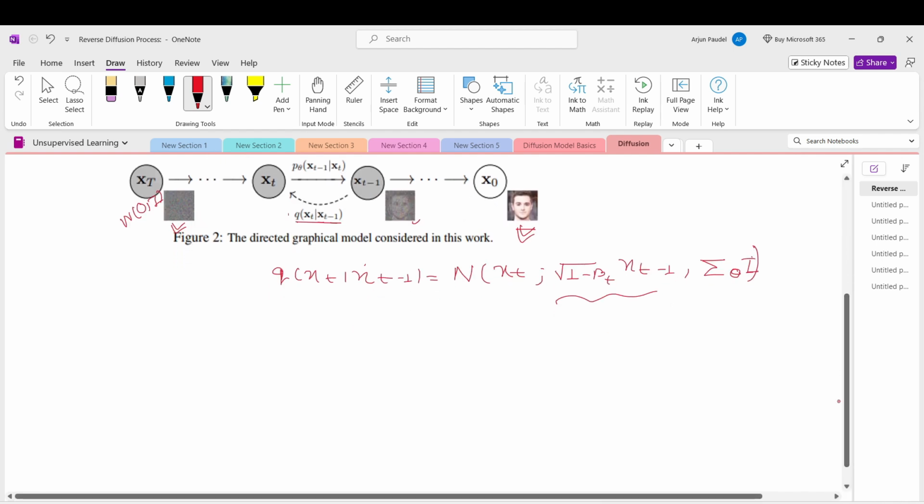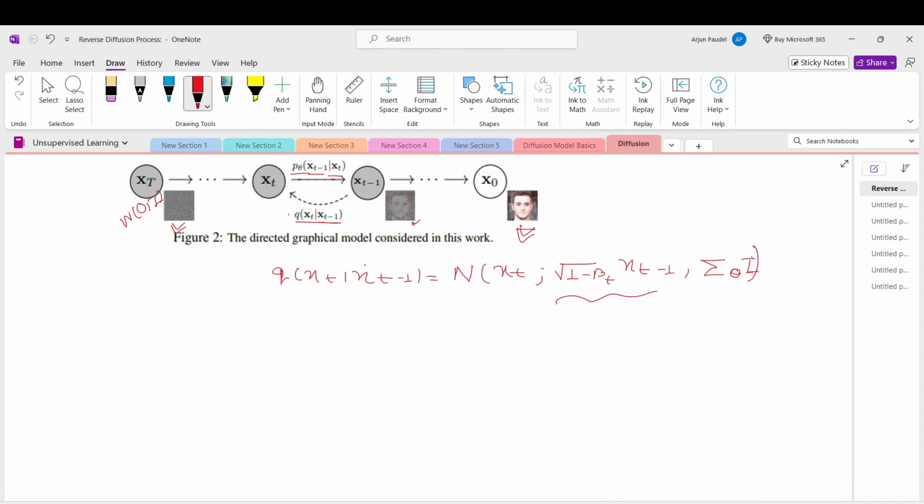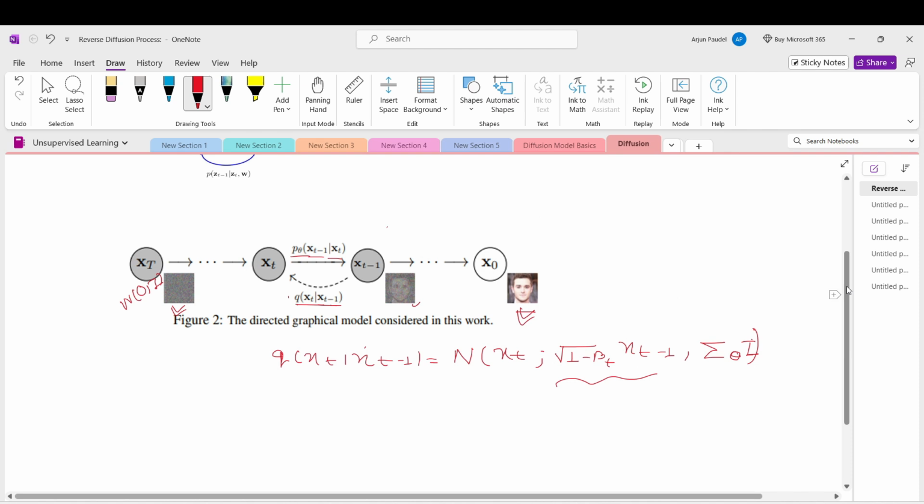Let's move on to what this term is. This distribution is actually your neural network, which is a denoiser. It takes this image and denoises it, not directly, but it gives a less noisy image than the input, and it denoises iteratively, not in one step or one pass.